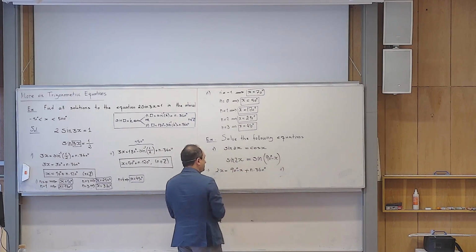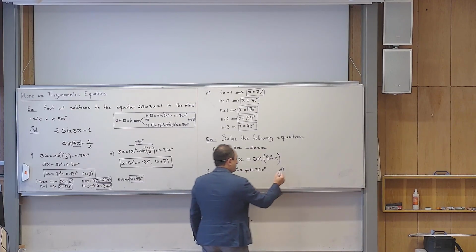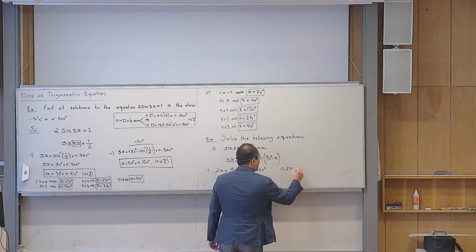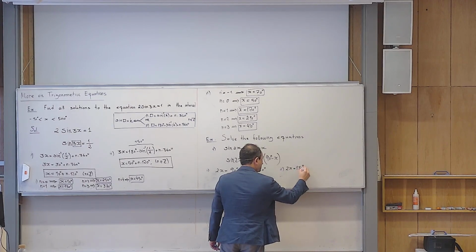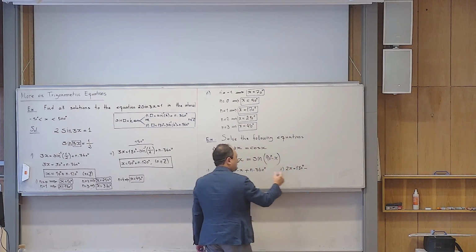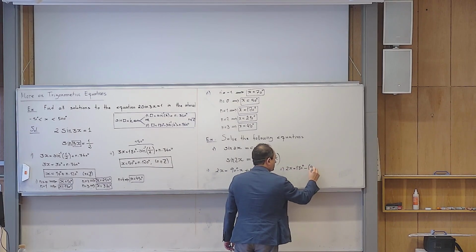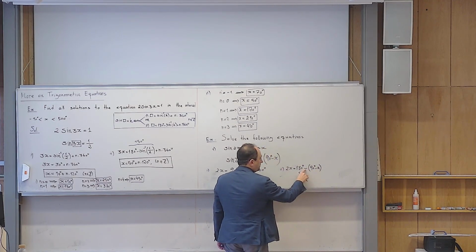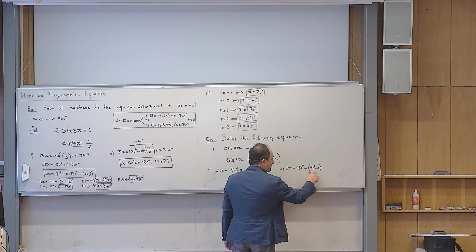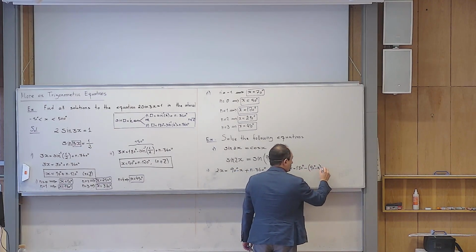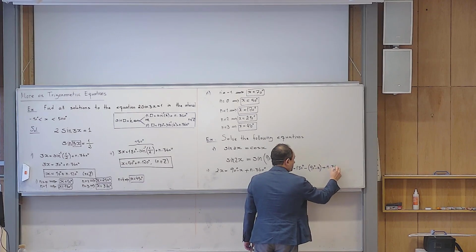I have equality of two sines. So the next one is 2x is equal to 180 degrees minus this. But be careful. You have to write it in a pair of brackets, or if you do it in your head, remember to multiply the minus sign by both terms. So it becomes plus n times 360 degrees.